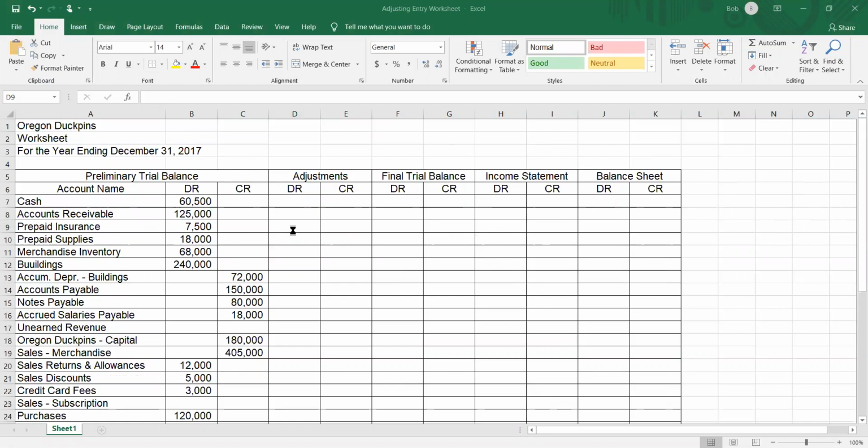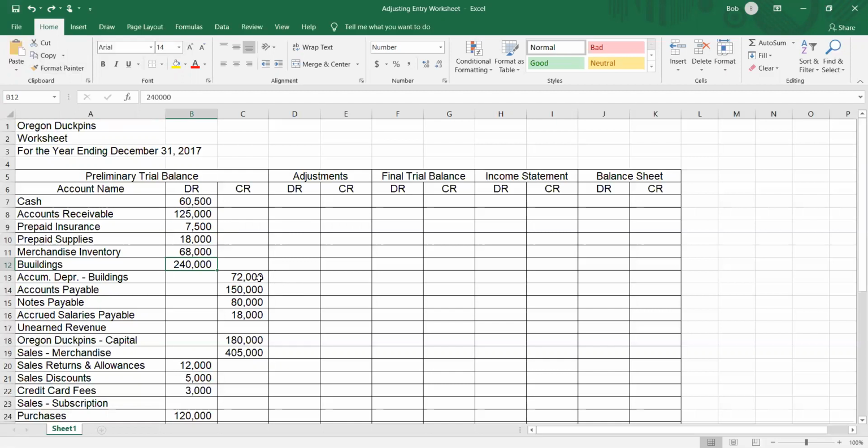Come on. What happened to our worksheet? Hold on here. Here's our worksheet. I'm just going to go over one thing real quick. Boy, some spelling errors in this thing, huh?